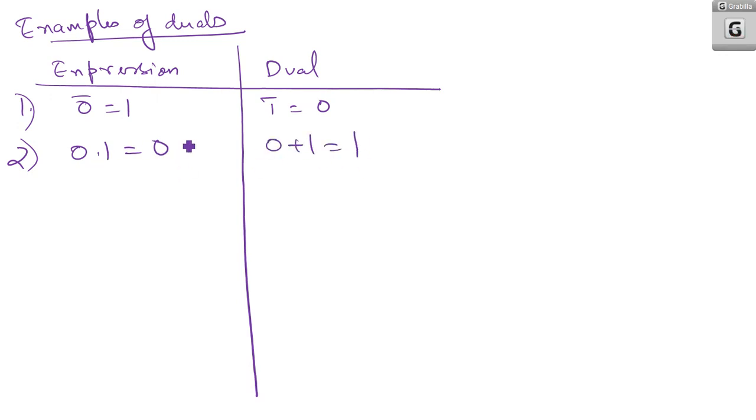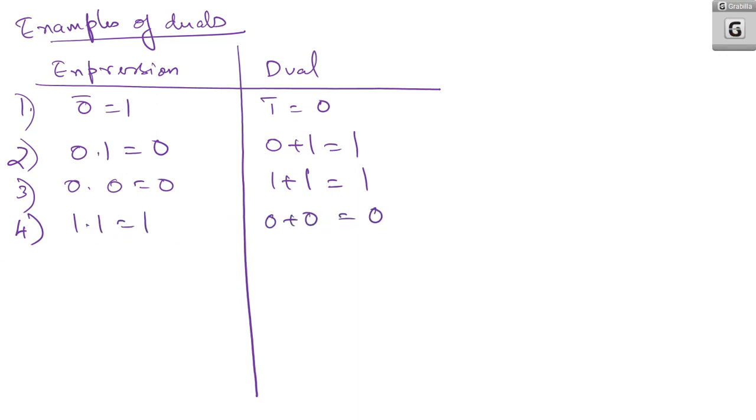That means 0 in one system becomes 1 in another system, and similarly 1 in one system becomes 0 in the other system. Third one is 0 dot 0 is 0. Here, instead of 0 we write 1 or 1 becomes 1. Fourth one, 1 dot 1 is equal to 1. Here 0 or 0 becomes 0. That is the corresponding dual.